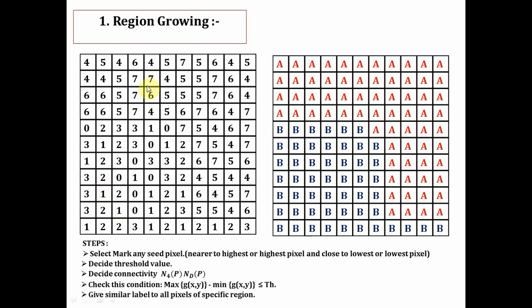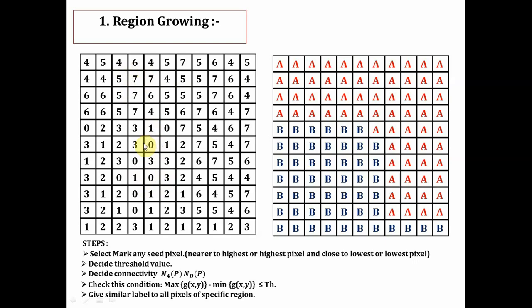Now suppose in the examination you will get an input image like this, and you need to divide the region into multiple regions. You need to consider the highest intensity value in the image and the lowest intensity value in the image. Now 7 is the highest intensity value and 0 is the lowest.